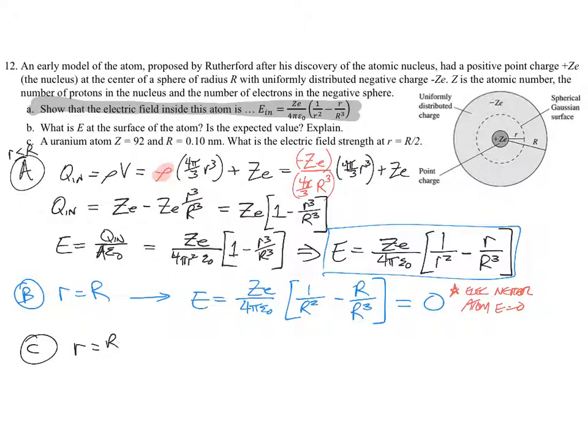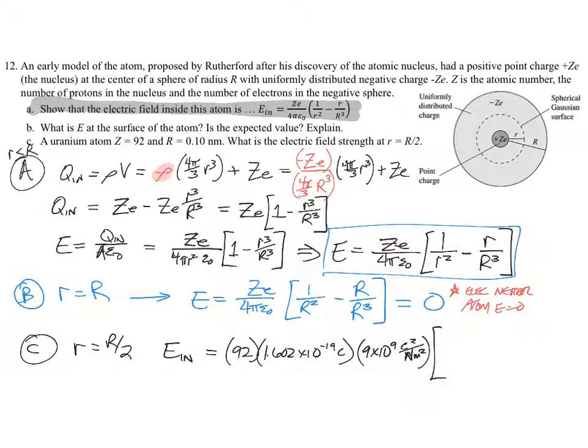All right, so part C, our computation here. At r equals big R over 2, we want to know the field strength there. So let's see. The electric field on the inside, we'll have an atomic number of 92. e is 1.602 times 10 to the minus 19 coulombs. We could divide by the 4 pi epsilon naught, or we could just multiply by k, which is 9 times 10 to the ninth. What are the units? Coulomb squared per newton meter squared. All of that.